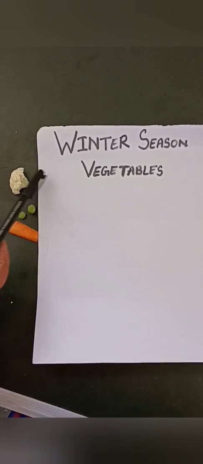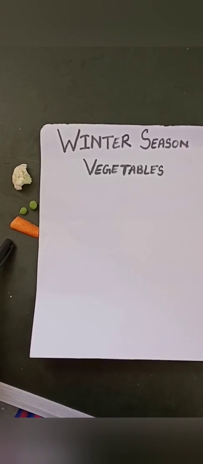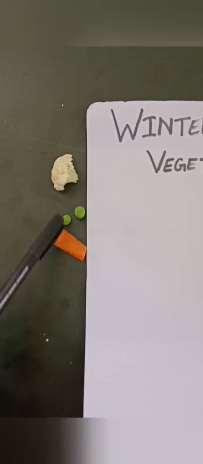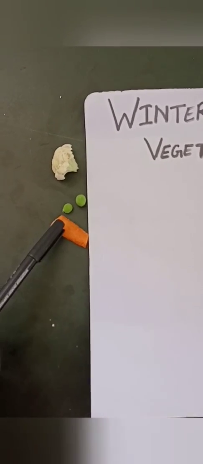Next EVS homework is that you will have to take 5 winter season vegetables and paste them on an A4 sheet. Here I have taken 3 vegetables: cauliflower, peas and a piece of carrot.